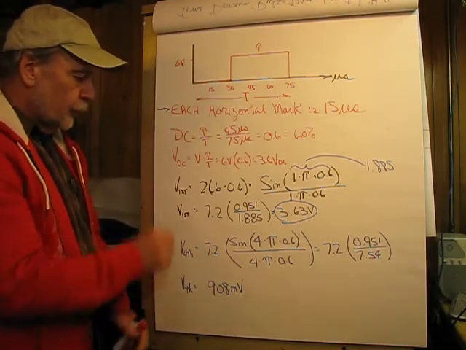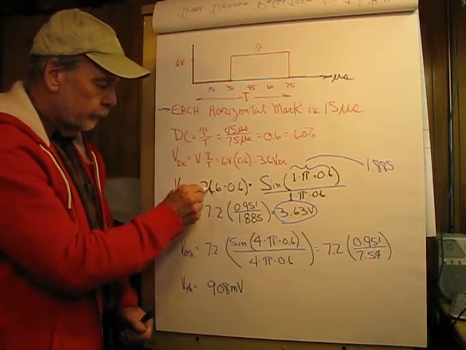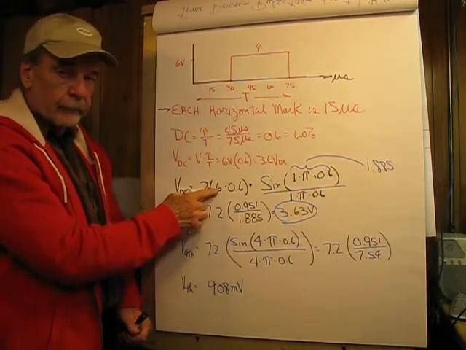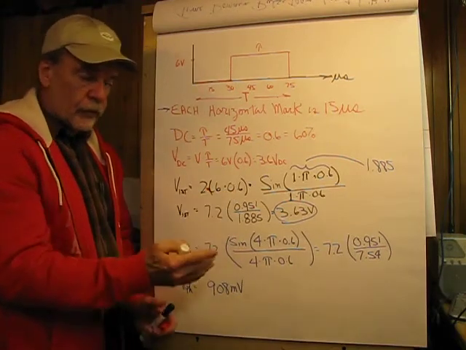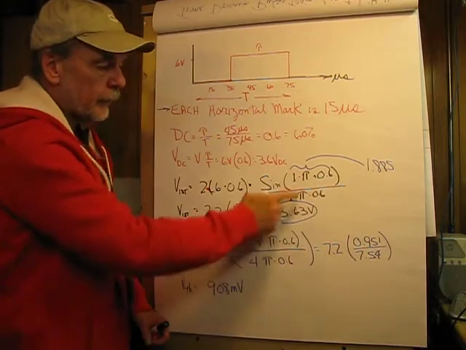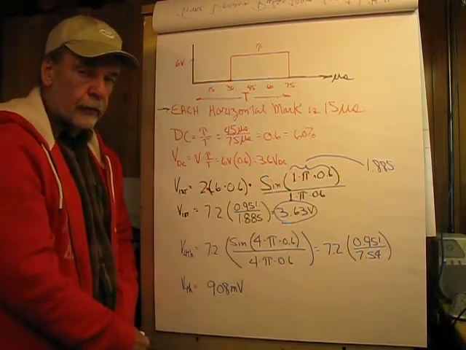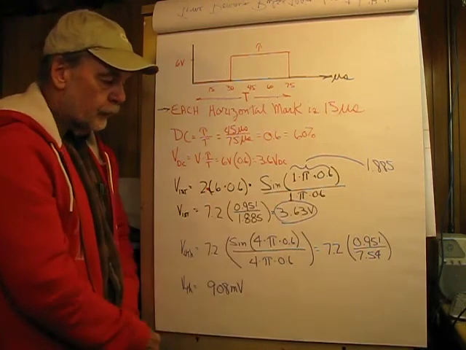So let's go about finding the first harmonic. So this is going to be 2 times the voltage V times the duty cycle, 0.6, times the sine, in the numerator, 1, a placeholder, times pi times 0.6, the duty cycle, divided by 1 times pi times 0.6.